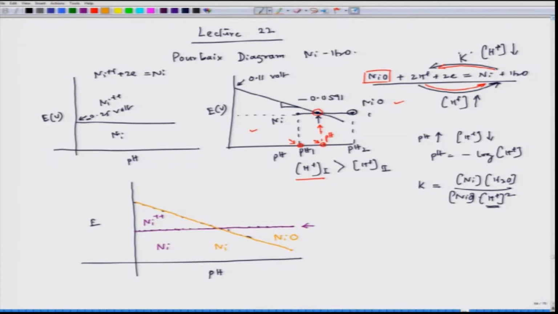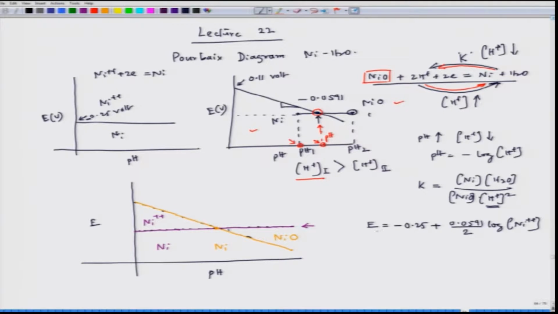Now, already we know that the connection point between these two can be found out by simply solving two equations that we have already found. One equation for type 1 is E equal to minus 0.25 plus 0.591 by 2 log of Ni++, so instead of activity we are writing it in the form of Ni++.